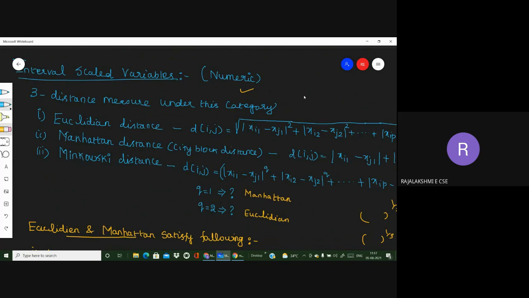There is no restriction that you have to use this formula alone for this kind of application. You can use any kind of formula, but the popular methodology is Euclidean distance. And Manhattan distance is also called city block distance. The reason is that in city plans, the distance between the blocks can be easily measured by using this Manhattan distance.